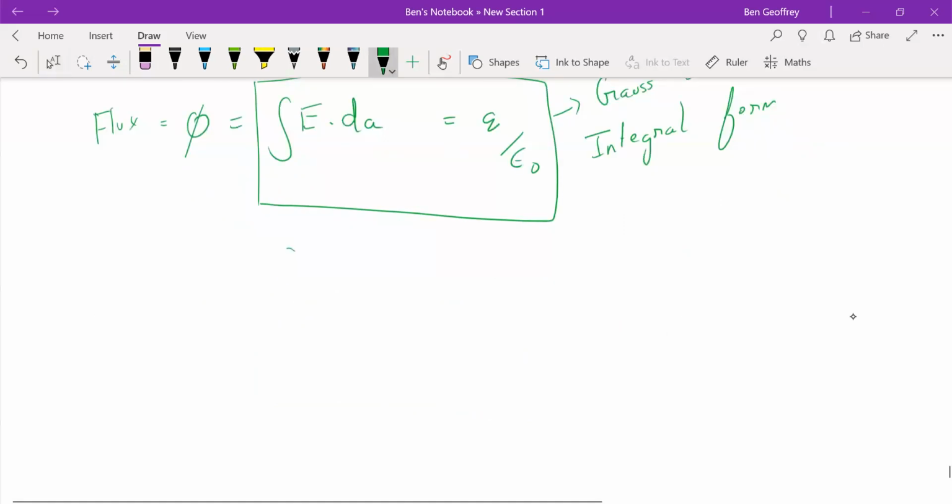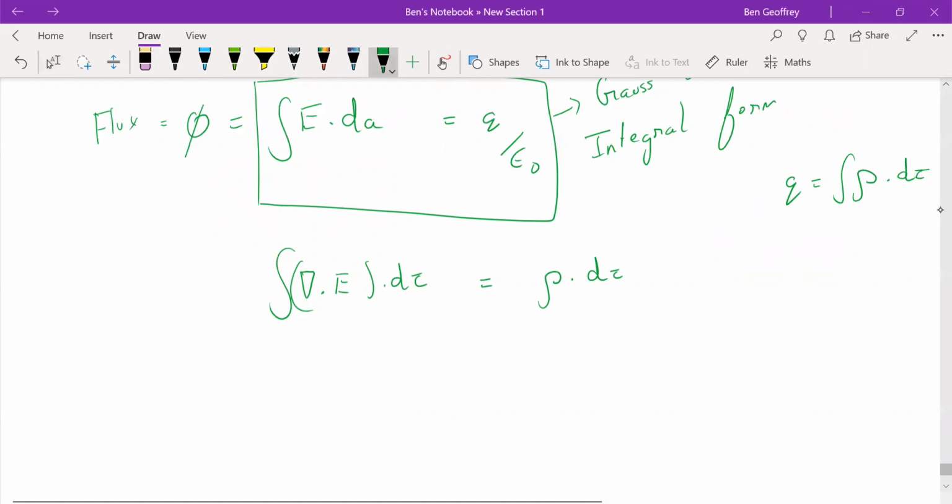The integral of E dot dA can be written as the volume integral of the divergence of E, and this is equal to the total charge, which can be represented by the integral of the charge density with respect to the volume. That's nothing new.